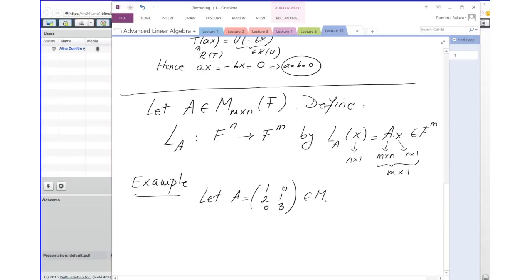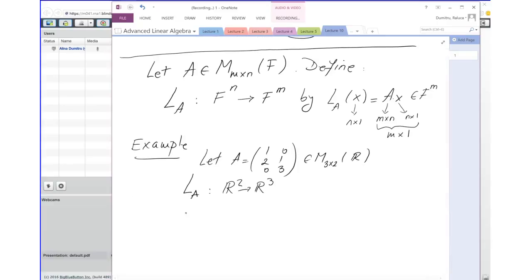It's in matrices 3 by 2 over F, over R, in fact. Who is L sub A? So L sub A goes from R2 to R3. L sub A of x is A times x, right?